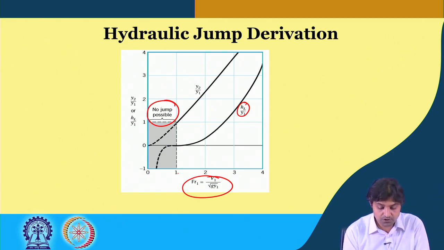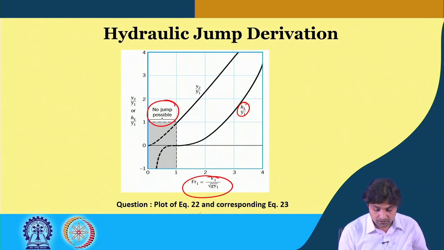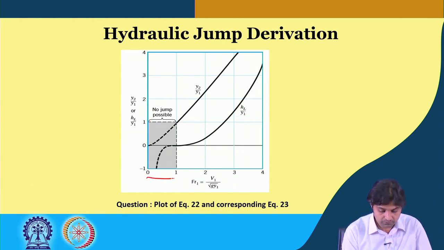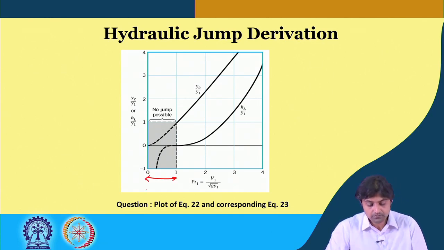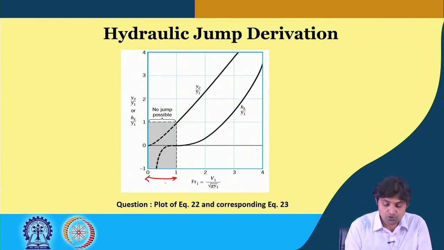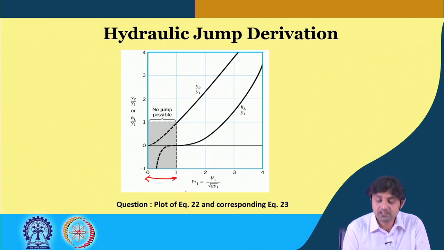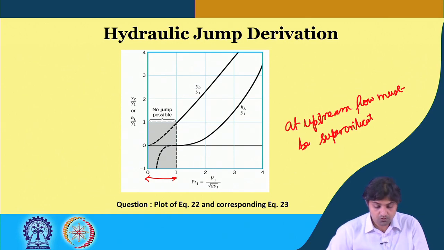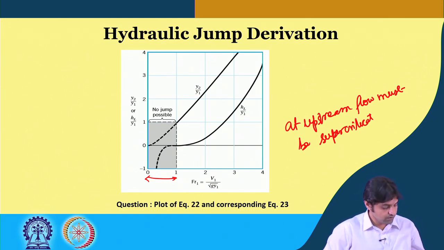And if you note this particular one, there is no possible jump when Froude number is less than 1. So, that means at upstream flow must be supercritical. Okay?